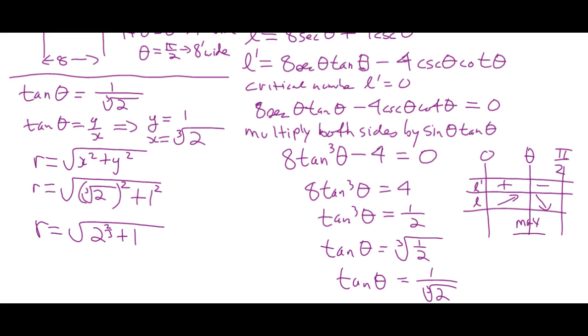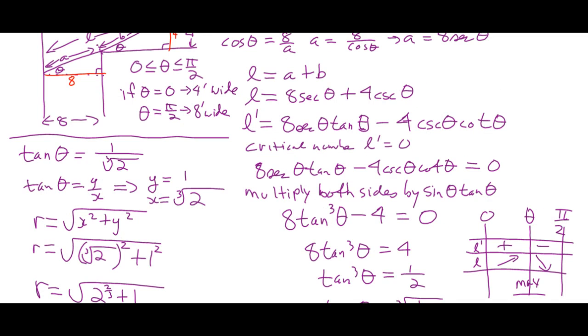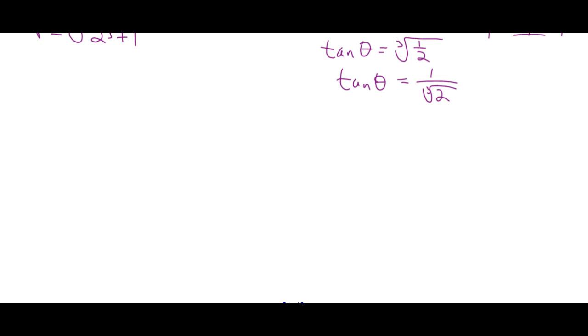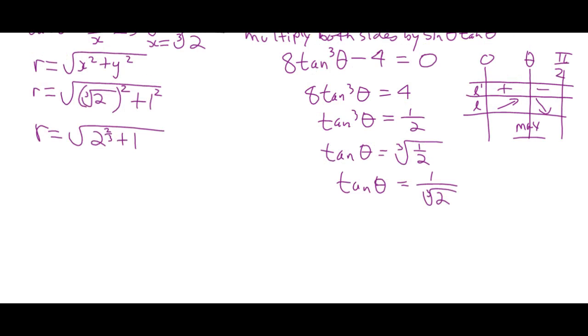And we want the length, which is 8 secant theta plus 4 cosecant theta. Okay, so the secant of theta is r over x.